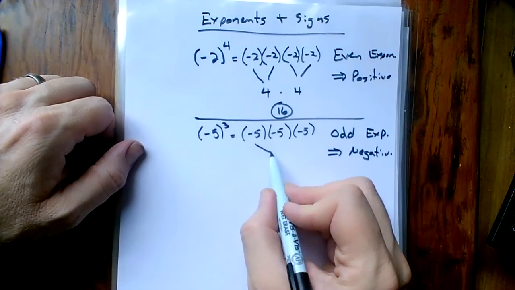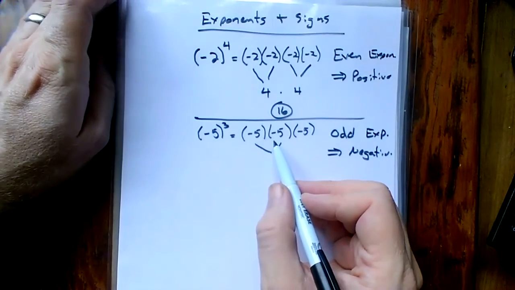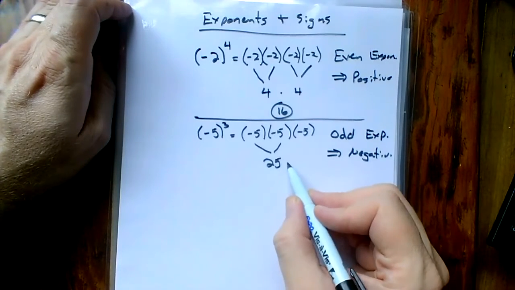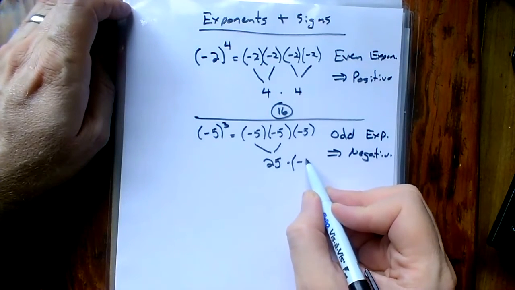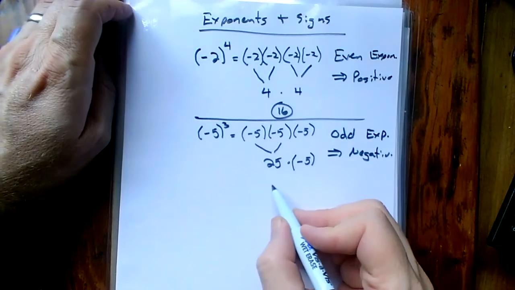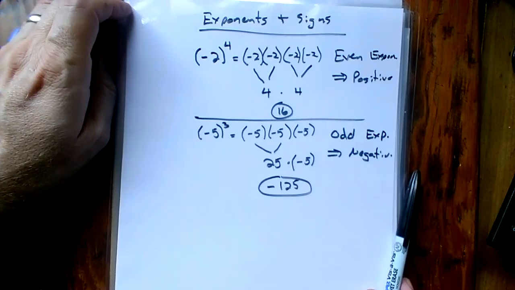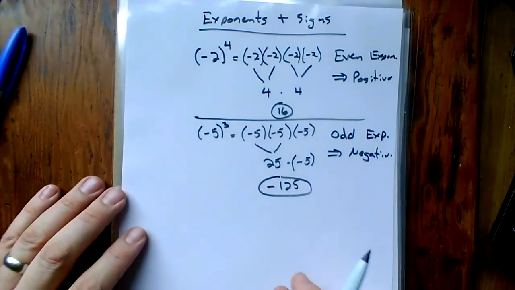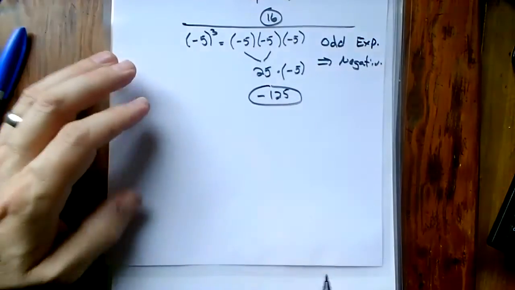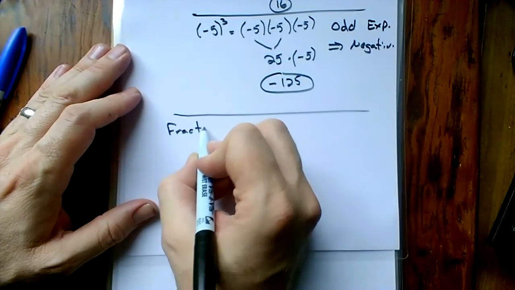I would have a pair that cancels out and gives me a positive 25, but then I would be multiplying this by another negative number. So I'd always end up with a positive times a negative, which would be negative 125. Otherwise, I'll just let you know that it works with fractions.